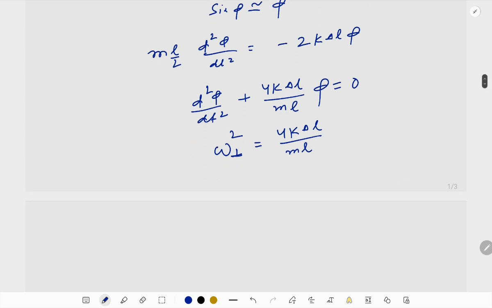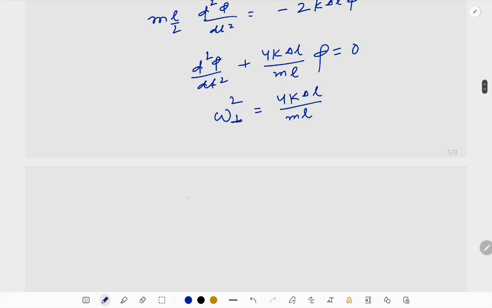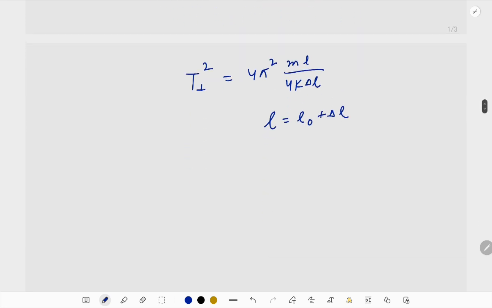and we can get the time period for this oscillation, and I would like to write time period square equal to 4π²ml by 4kΔL. And you can see here L is nothing but L equals L₀ plus ΔL, and I would like to solve this problem as soon as possible.